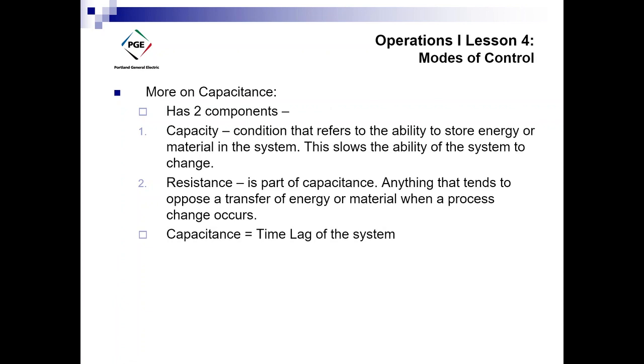And so basically, capacitance is just the time lag of the system. Also think of capacitance, if you remember inertia: is the system going to change quickly? Does it have a small inertia? Or is the system going to take a long time to change? Systems' capacitance may change over time.